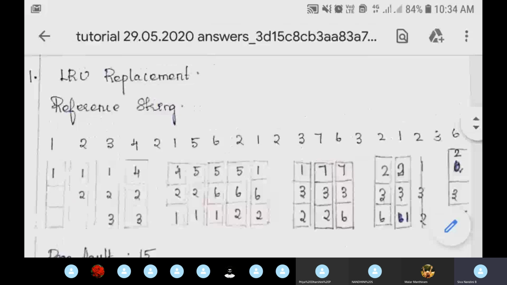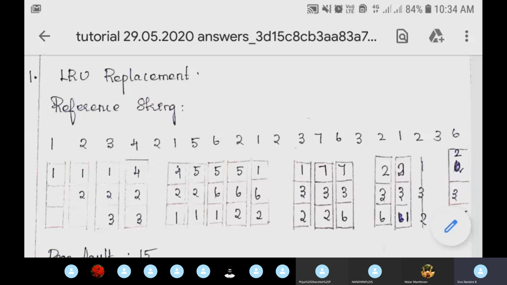Here in the question it is given that 3 frames are there. So I am having 3 frames. Initially the 3 frames are empty. So we have to enter the pages in the reference string one by one into the frames. Page 1 will enter, then page 2, then page 3.